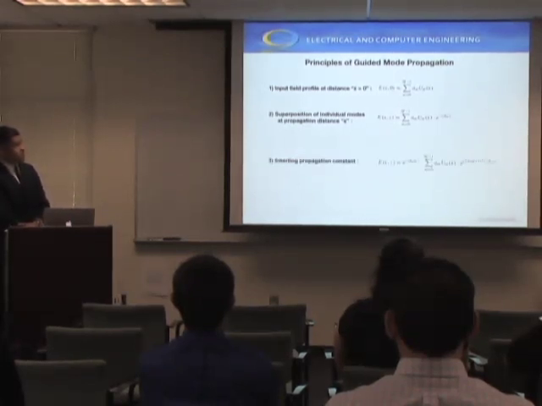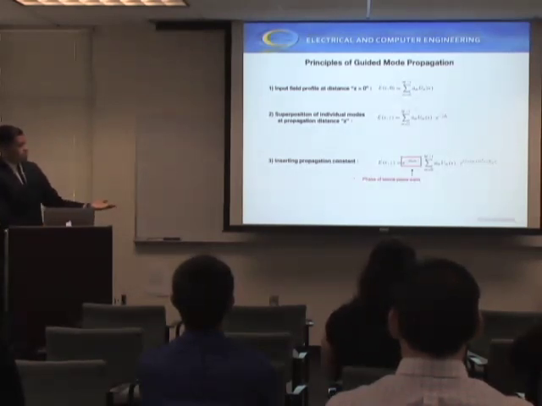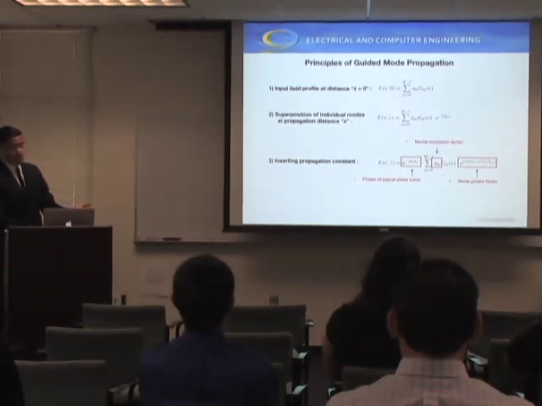And then we can substitute in our propagation constant, beta sub m, and we can see that the summation, which corresponds to the images produced, will be dependent on the mode excitation factor and the mode phase factor.